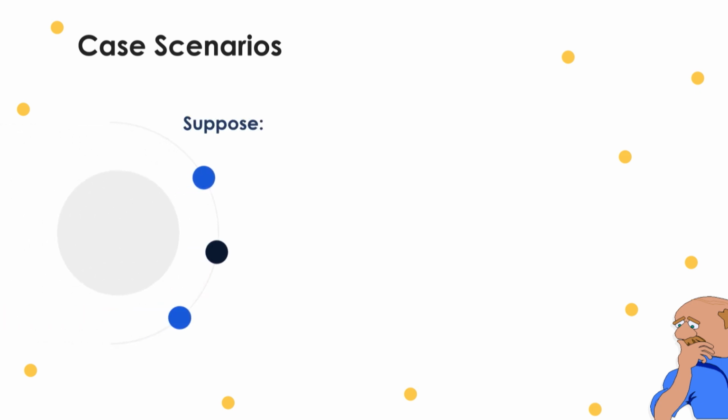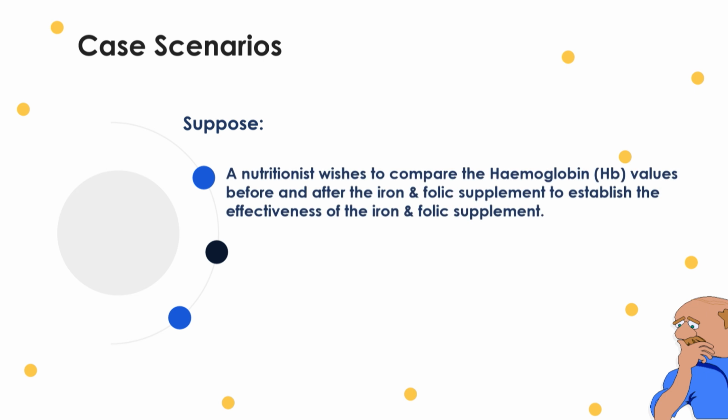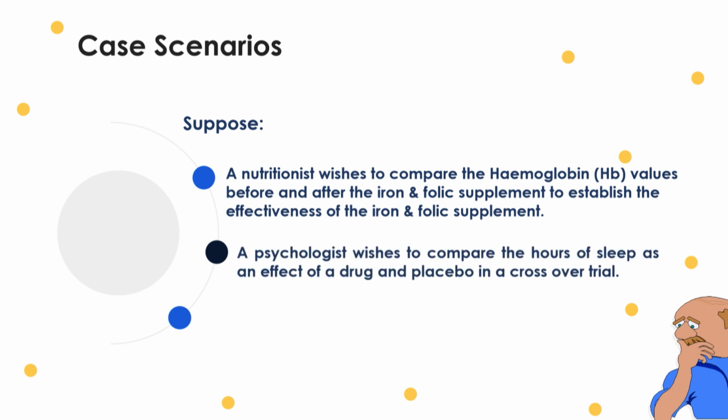Suppose a nutritionist wishes to compare the hemoglobin level before and after iron and folic acid supplementation to establish its effectiveness. After giving the supplement, whether it has an effect or not, that is before and after. A psychologist wishes to compare the hours of sleep as an effect of a drug and a placebo in a crossover trial.